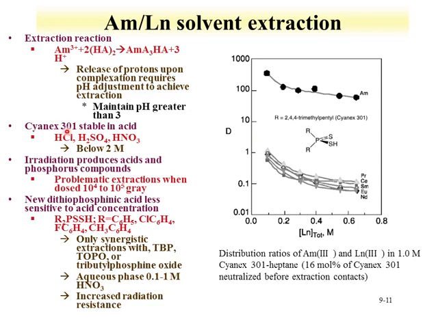This ligand is stable in acid, and as an example shown here, there are distributions of the trivalent americium and the trivalent lanthanides in 1 molar Cyanex, that's around 16 mole percent of Cyanex 301 in heptane. So you can use this ligand to achieve selective separations, and it's driven by the soft donor properties of these ligands.